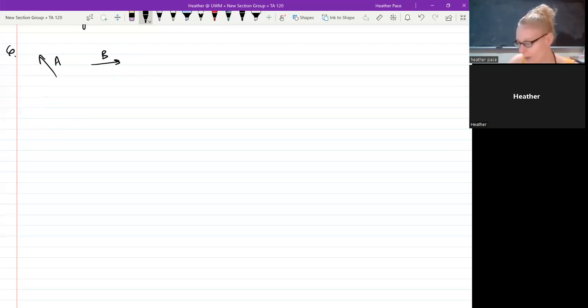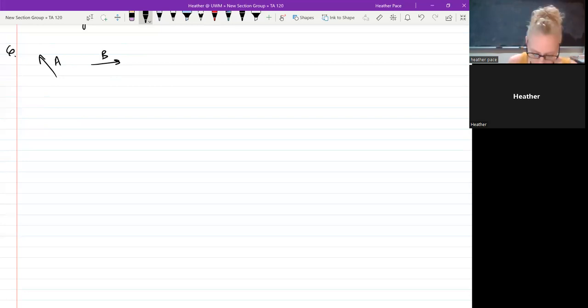I looked in your book, and the way that your book says to subtract a vector is to basically flip B. So before we start really drawing out our problem, we're going to draw negative B, such that B plus negative B is 0, or basically flip it.